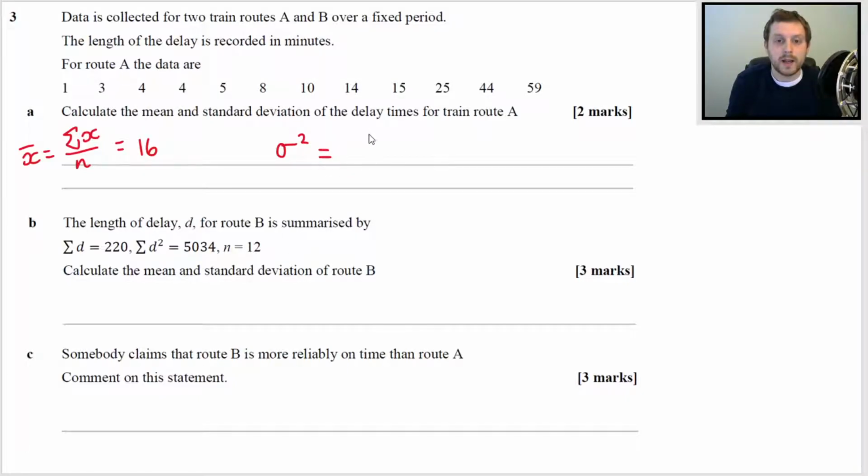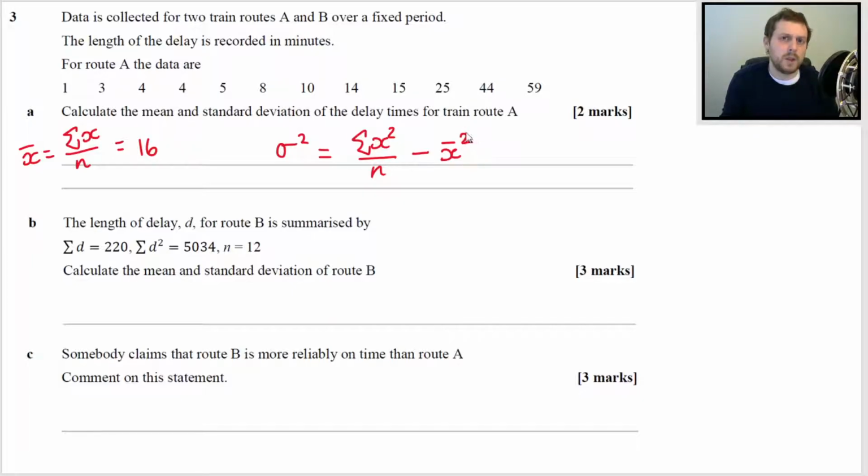What you do here is you square them all and add them all up and divide by how many. So this is actually the average of the squares, as it were. But from that you subtract the mean squared.